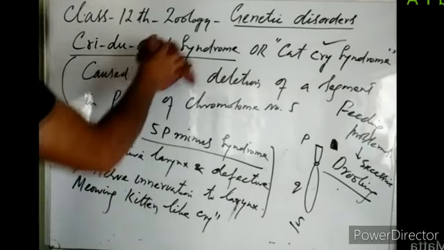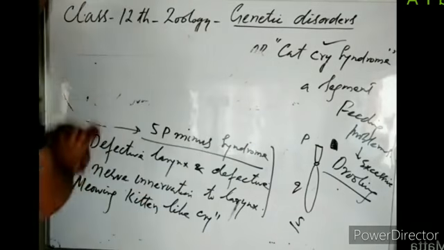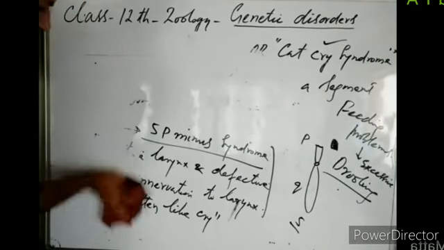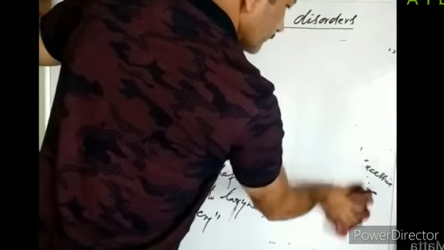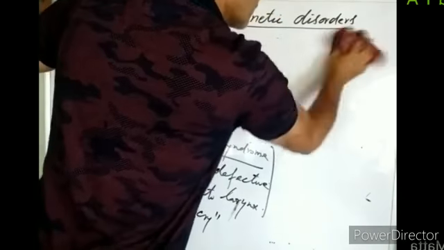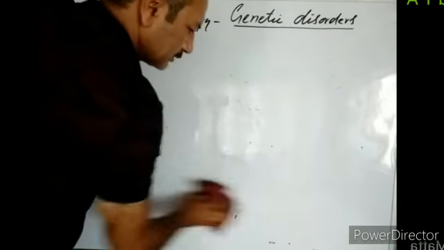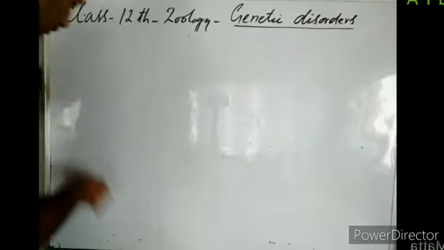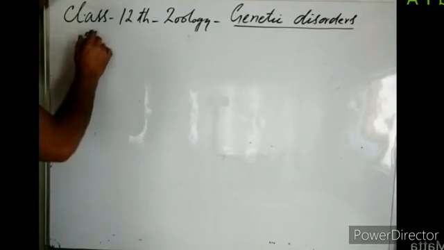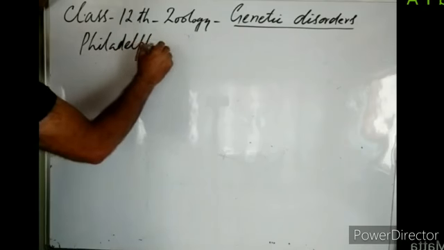Then at the last, we discuss another autosomal chromosomal disorder that is known as Philadelphia chromosome. Let us see what this Philadelphia chromosome is, and why it has been named Philadelphia chromosome.